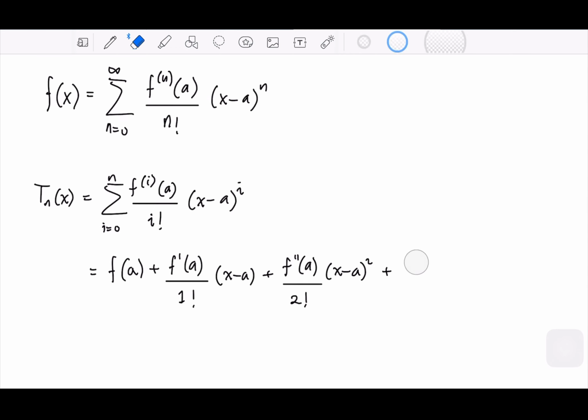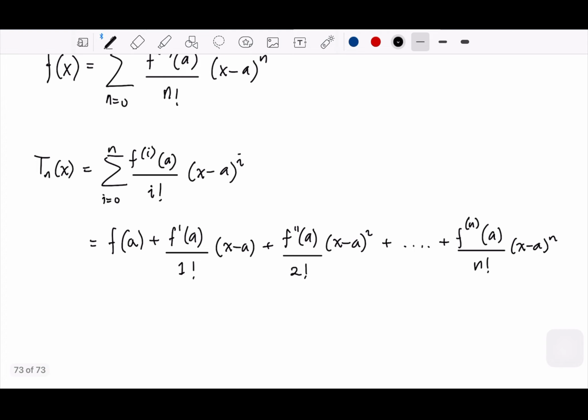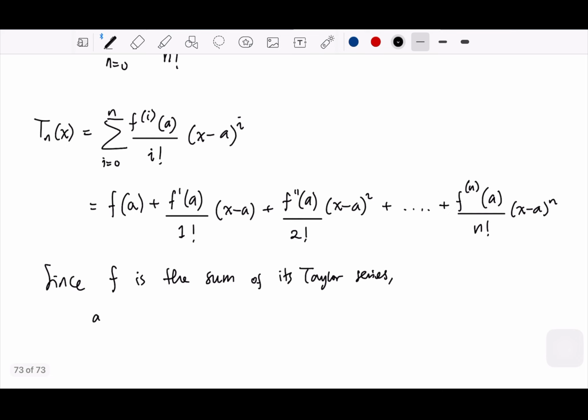Okay, since the function f is the sum of its Taylor series, the partial sum T_n(x) will approach f(x) as n gets larger.